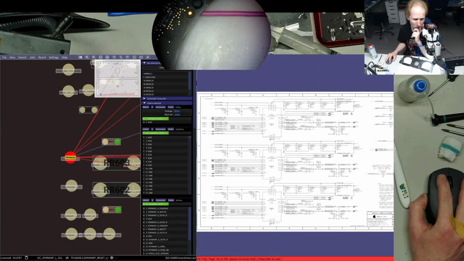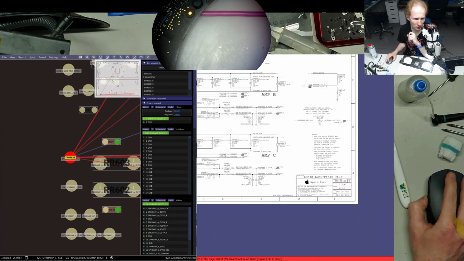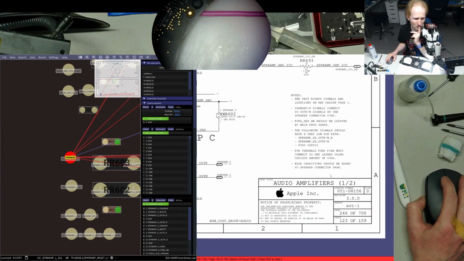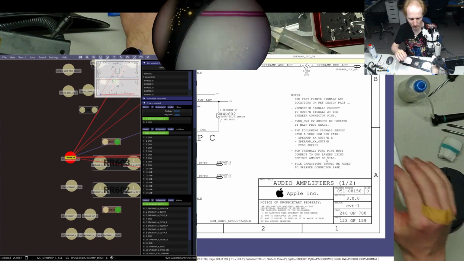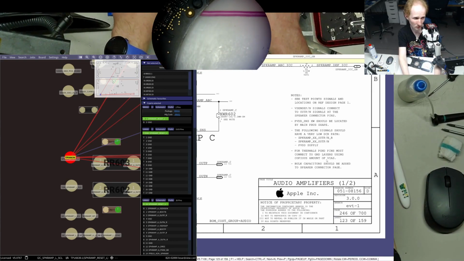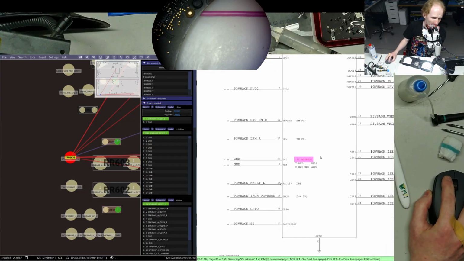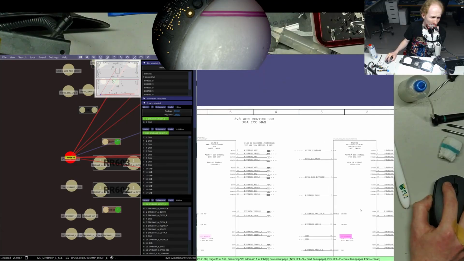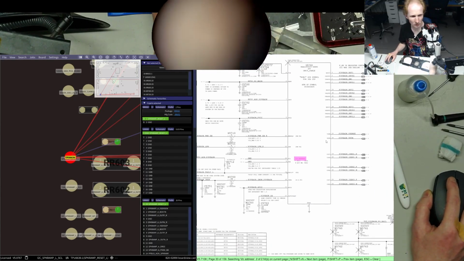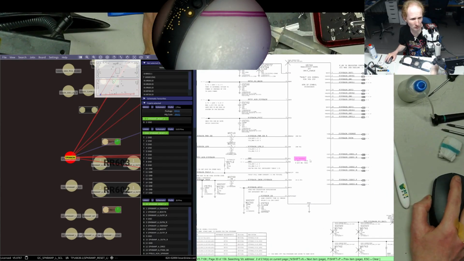They might be in different number. Okay. There should be an I2C address page.